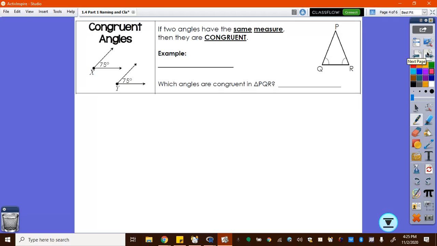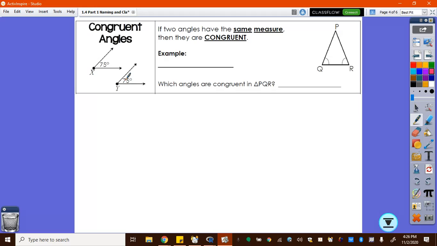We can also have congruent angles just like we did with segments. If two angles have the same measure, then they are congruent. If we look at our example over here, it looks like both of these angles have the same measure. They're both 75 degrees. Since they're both 75 degrees, that means they're congruent.